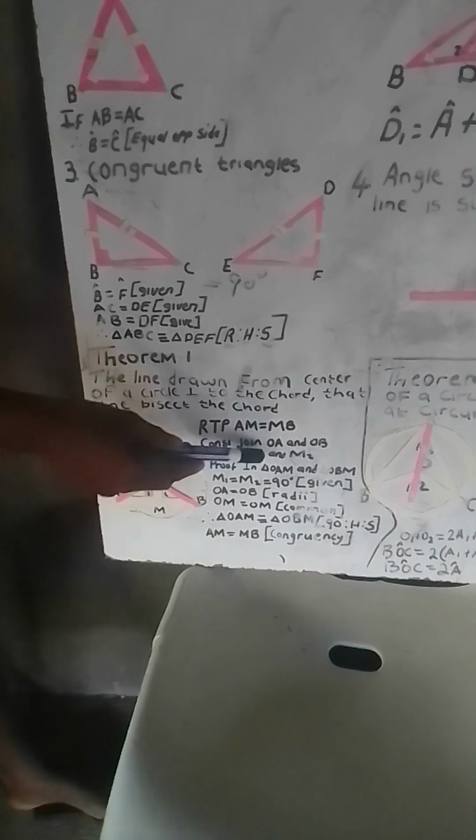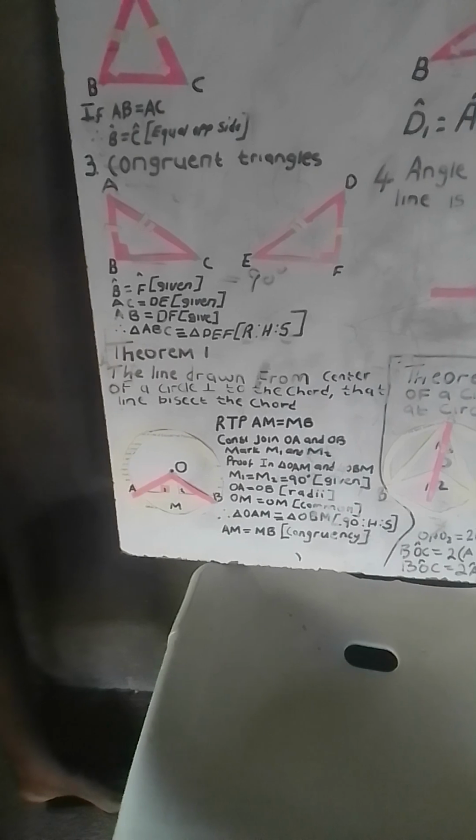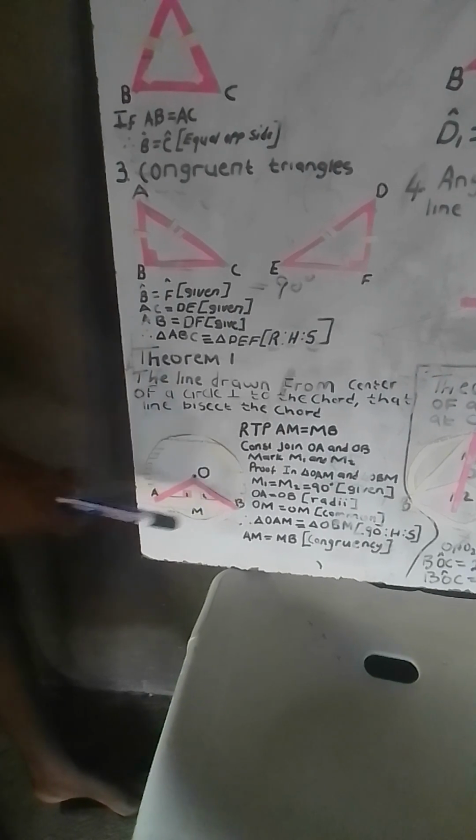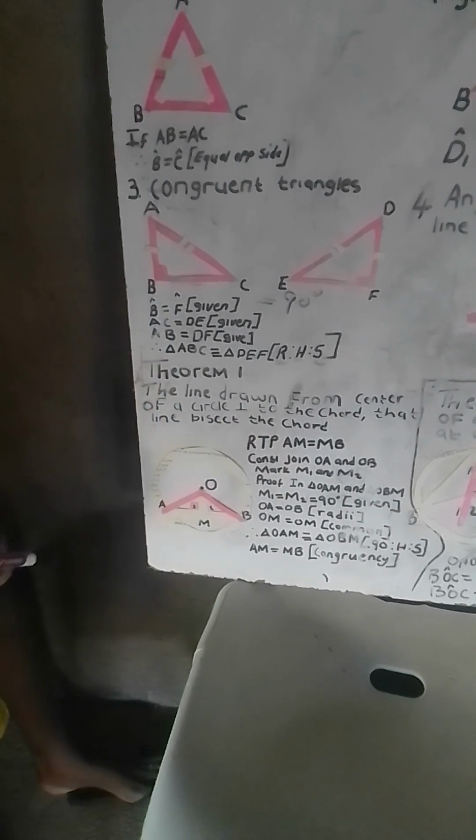By constructing, we join OA and OB. I indicated them with pink lines. Okay, OA is equal to OB. And then we mark M1 and M2.